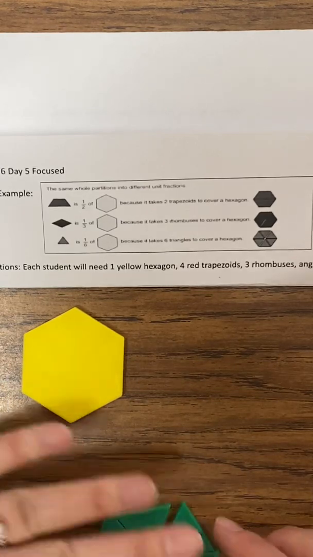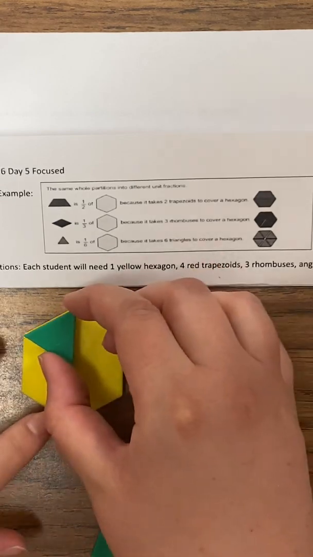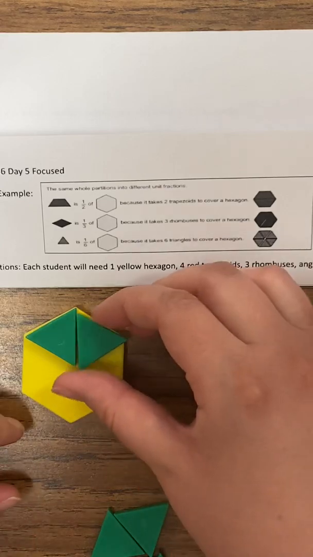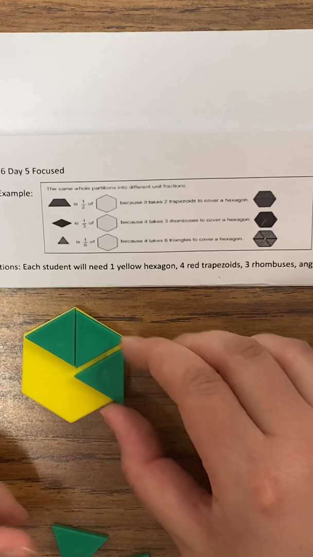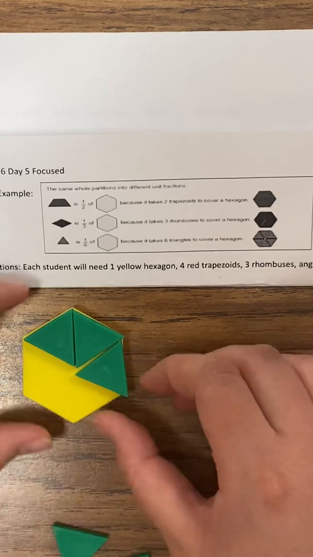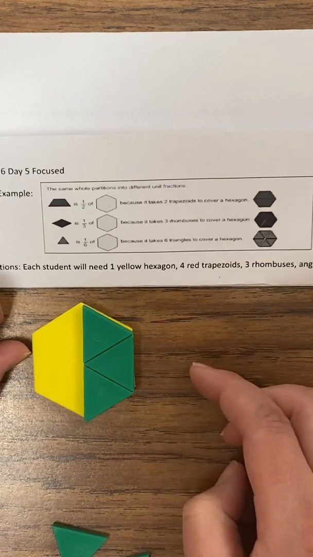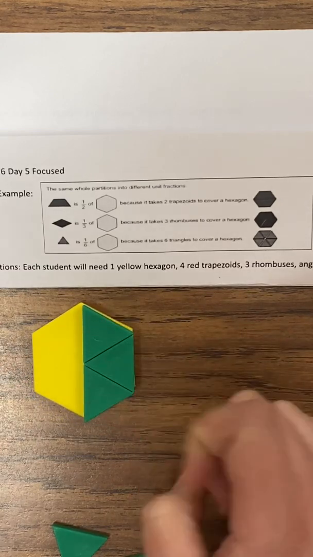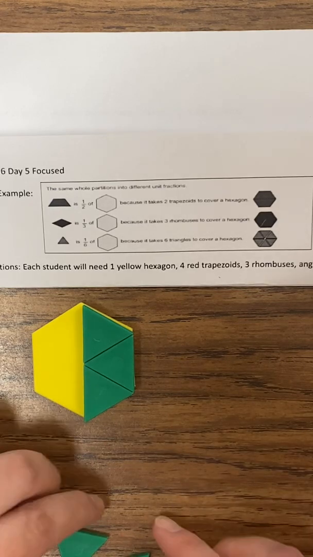So let's test it out, making sure we're matching everything perfectly. So this is 1/6 of a hexagon, 2/6 of a hexagon, 3/6 of a hexagon. Oh, notice that 3 triangles make half of the hexagon.